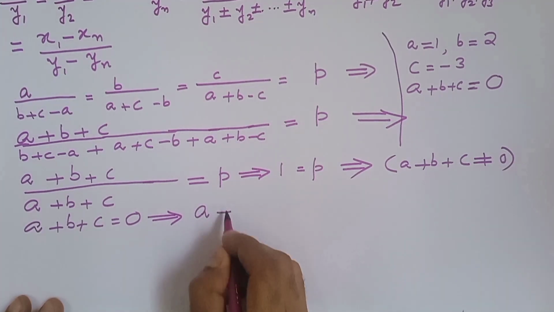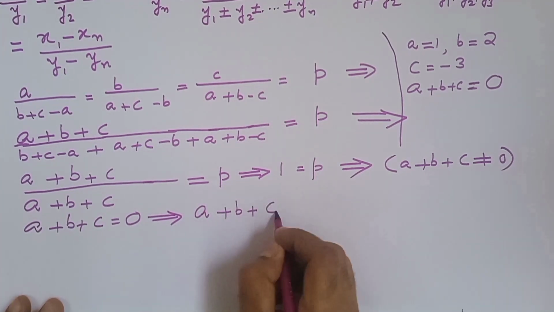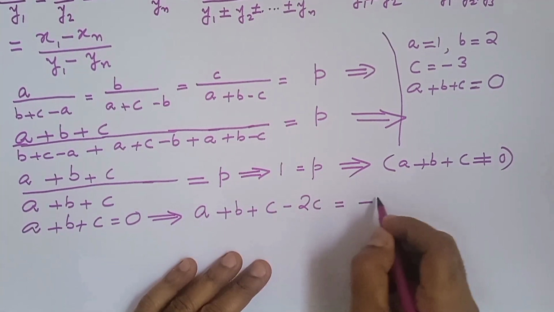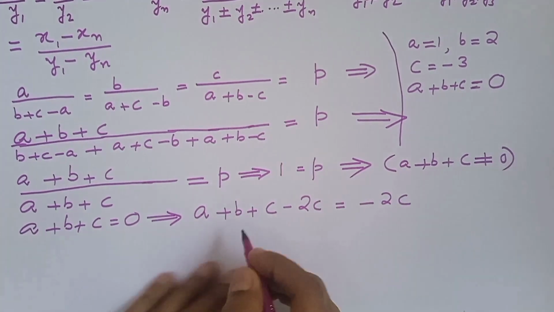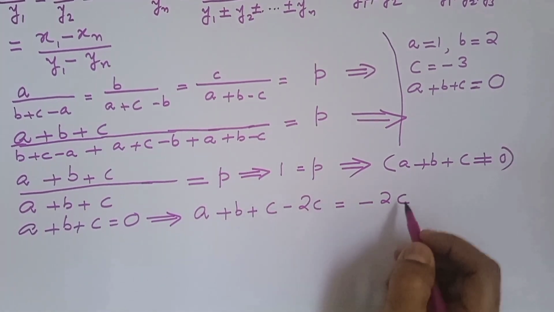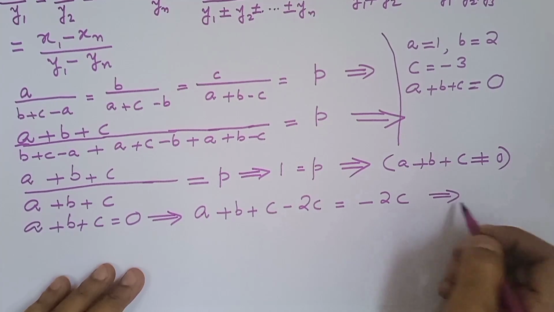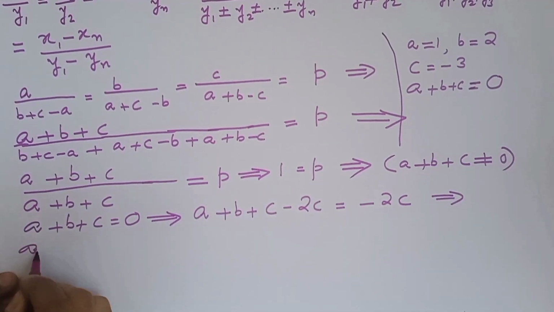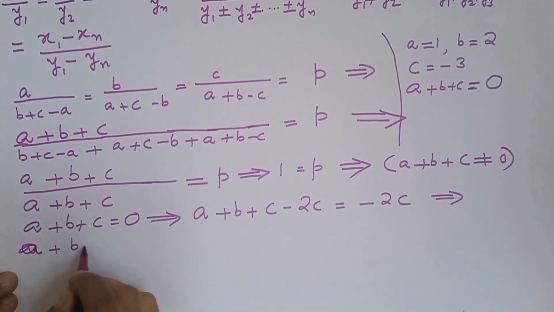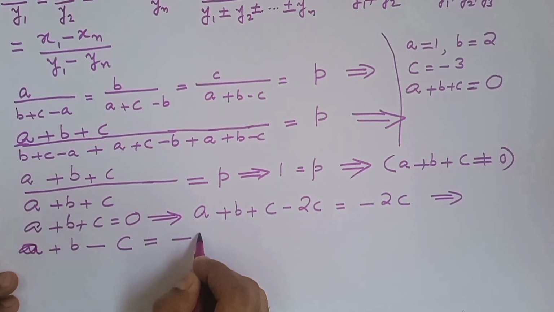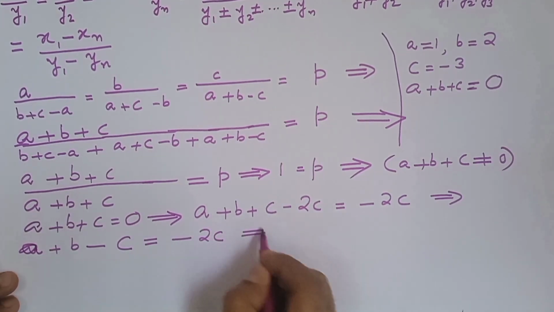There is a reason for that. Yeah, we have not changed anything. We have just subtracted 2C from both sides. This implies what? On simplification, this will be A plus B minus C equal to minus 2C.